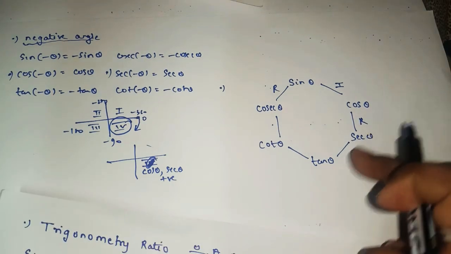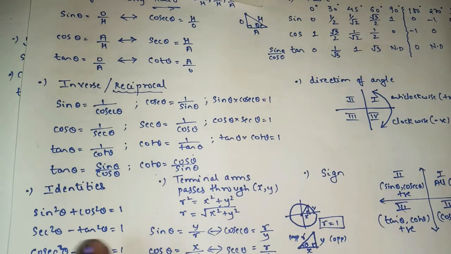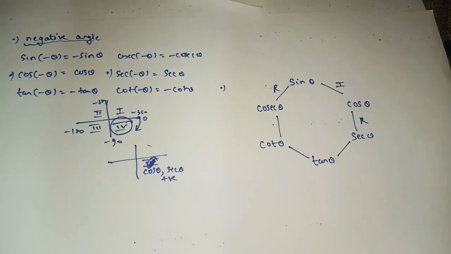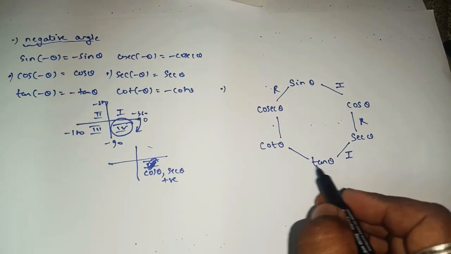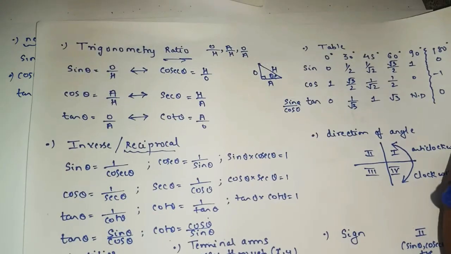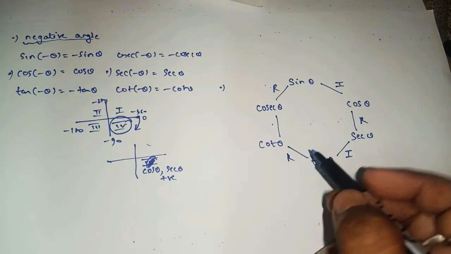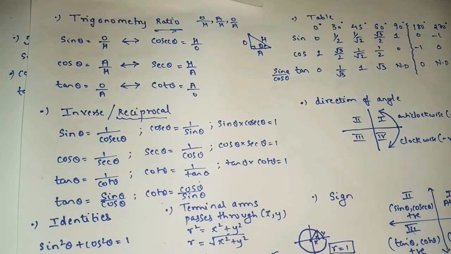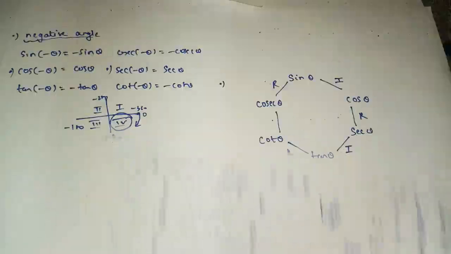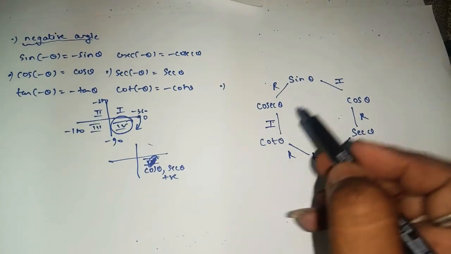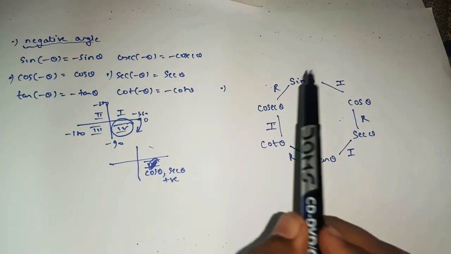For sec and tan it is identity. For tan and cot it's reciprocal. And for cosec and cot it is identity. So just remember this web chain.